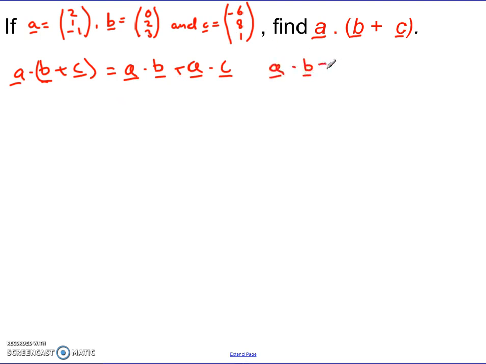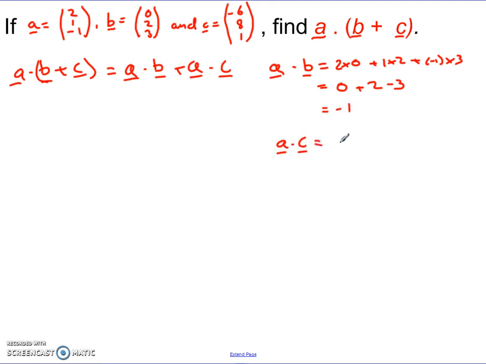So if I've got A dot B, do the scalar product with that: that is 2 times 0 plus 1 times 2 plus negative 1 times 3. 2 zeros are 0, so then plus 2, take away 3, that's equal to negative 1.